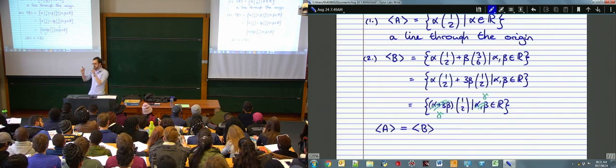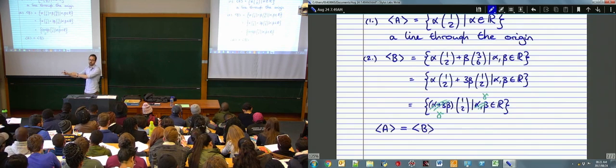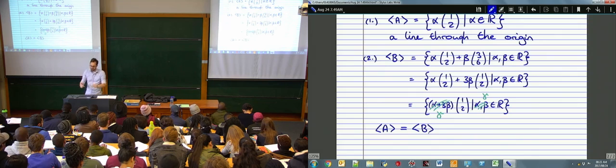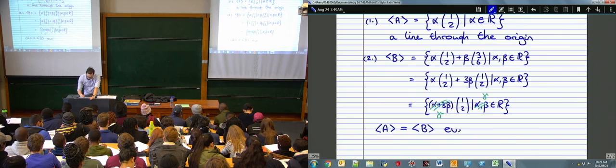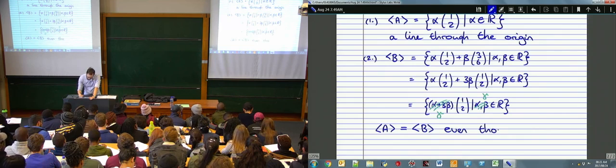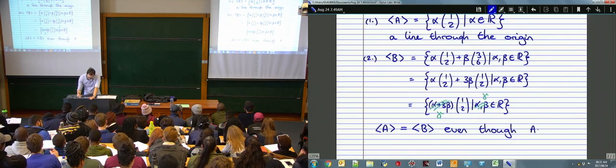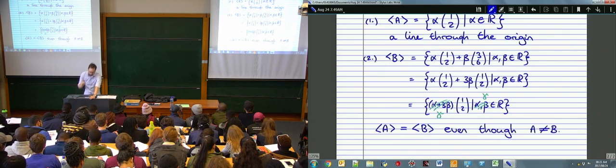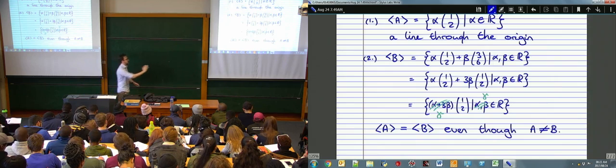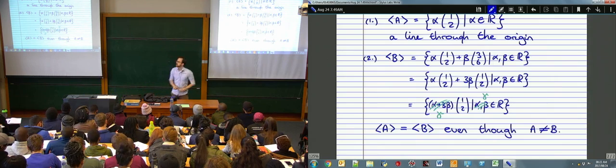This is true, right? The set which is generated by A is the same as the set which is generated by B, even though A and B are different sets. Okay, they both generate the same straight line through the origin.